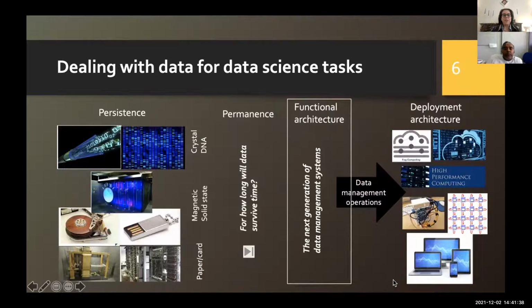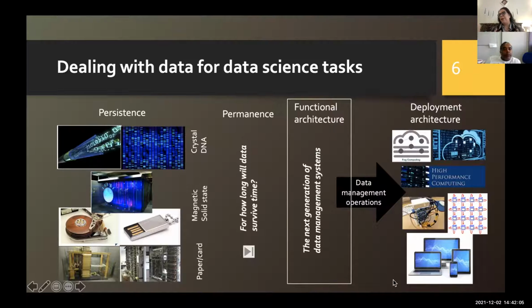And then the question is, even if we will have DNA, crystal, or whatever, there are physical limits with respect to this storage. And the second thing that we have to think about with respect to persistence is, for how long will data survive in time? Is all the data necessary to be stored forever and ever?